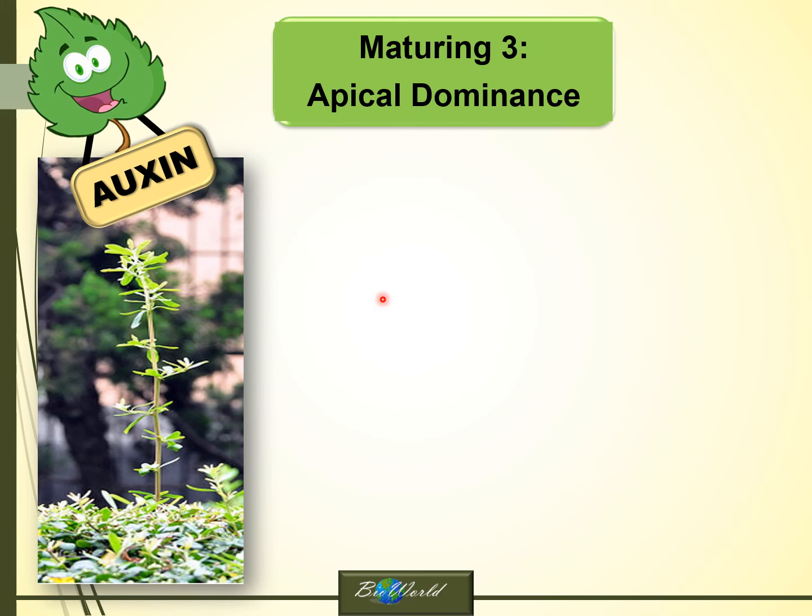We look now at the third aspect of maturing, that is something called apical dominance. Now if you look at these plants, all the plants down here are almost of the same height, except for this one tall stem.